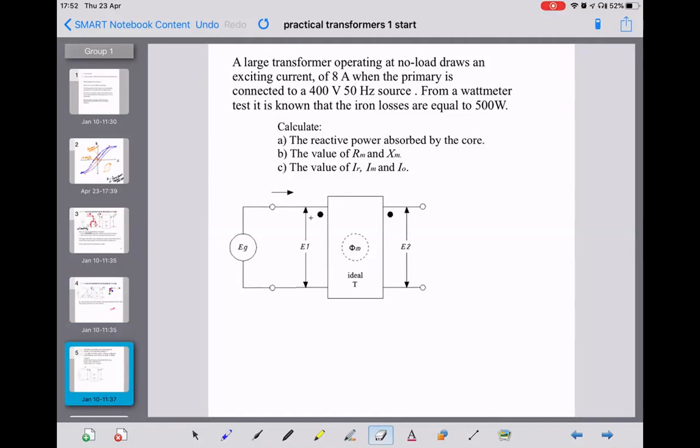So you must calculate the reactive power absorbed by the core, the value of RM and XM, and the value of IR, IM, and the total current IO. Well, actually, in my opinion, IO has been given to you because that's the exciting current.